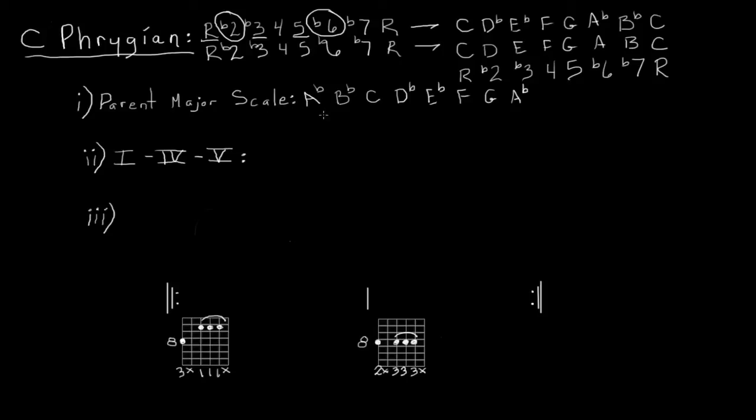It's important that you get the key signature right, or the notes right, in that scale for step number 2, which is to determine what the 1, 4, and 5 chords are. We can see that the 1, 4, and 5 chords from A flat major are A flat, D flat, and E flat.